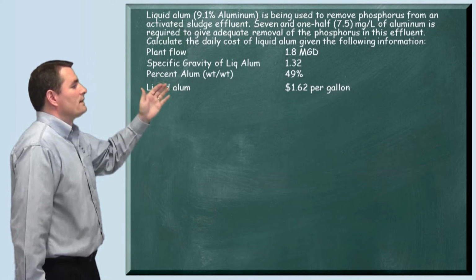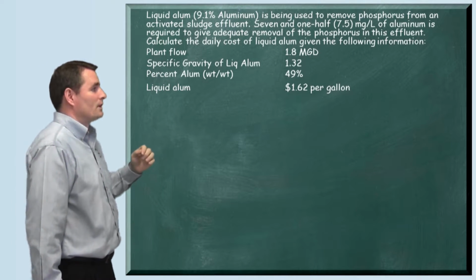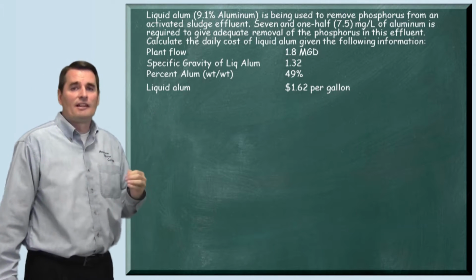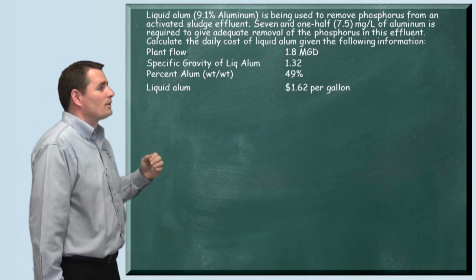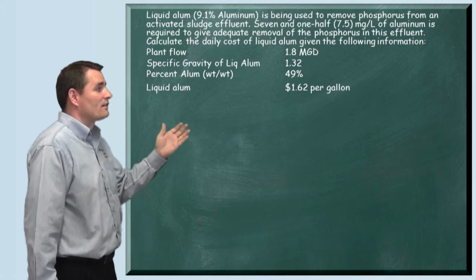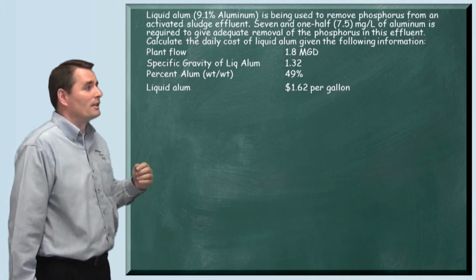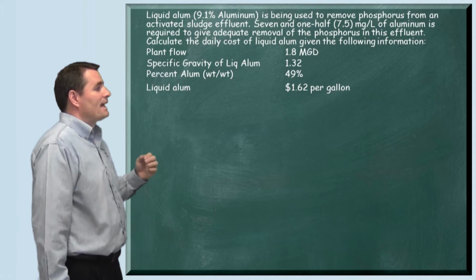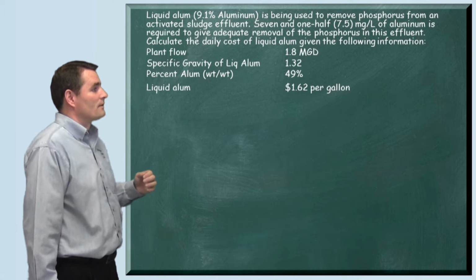The problem reads, liquid alum, which is 9.1% aluminum, is being used to remove phosphorus from an activated sludge effluent. 7.5 milligrams per liter of aluminum is required to give adequate removal of phosphorus in this effluent. They want us to calculate the daily cost of liquid alum given the following information.